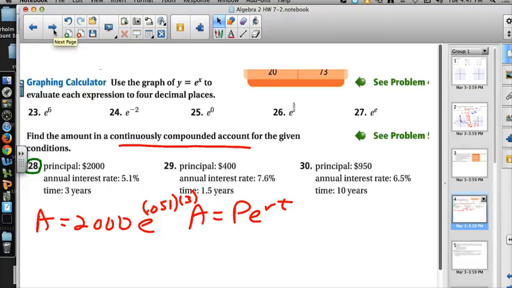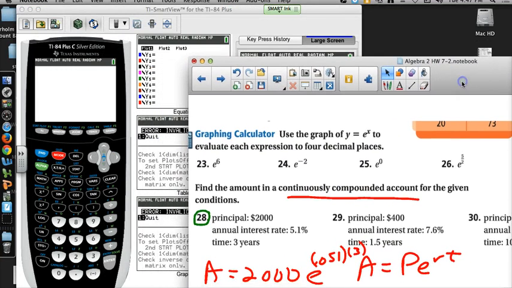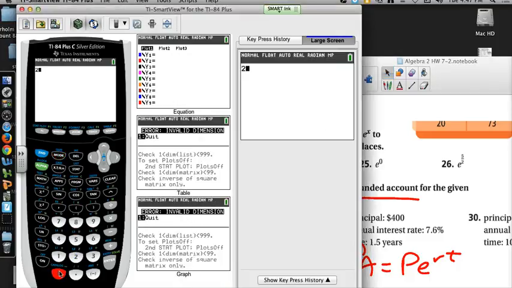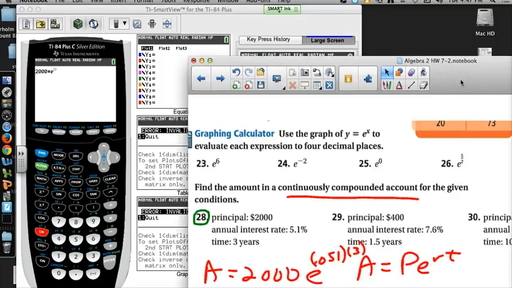So I already have my calculator up here. I'm going to go ahead and punch that in for you. So we've got 2,000, and then we need that times, and we've got our e to the x button down here, and then that was 0.051 times 3.